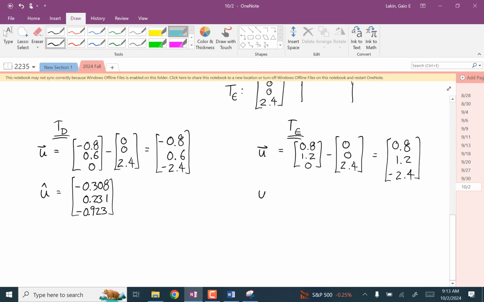And then the unit vector in that direction.